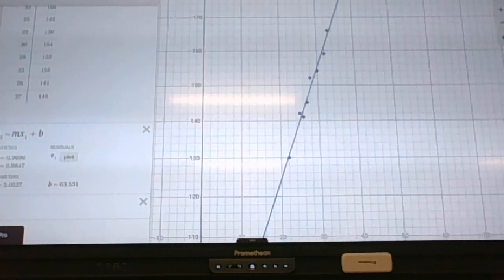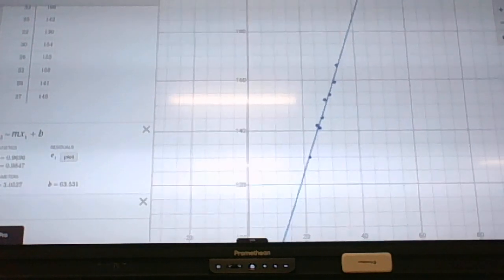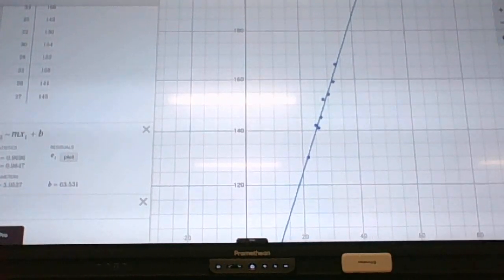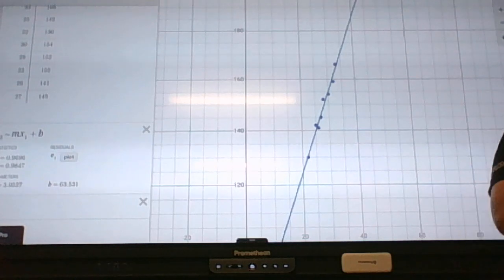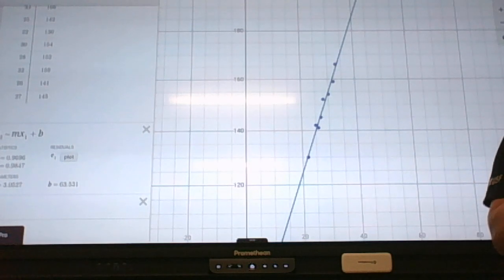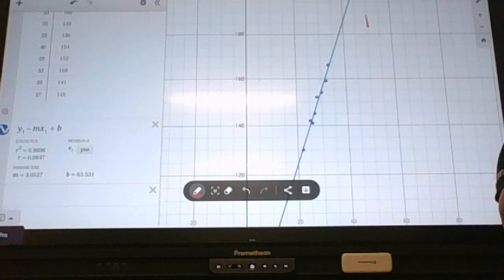And so here is an exact line of fit. Let's compare what I did by hand to what we had here. Mine came out pretty good, I think. Sometimes I don't get this close.